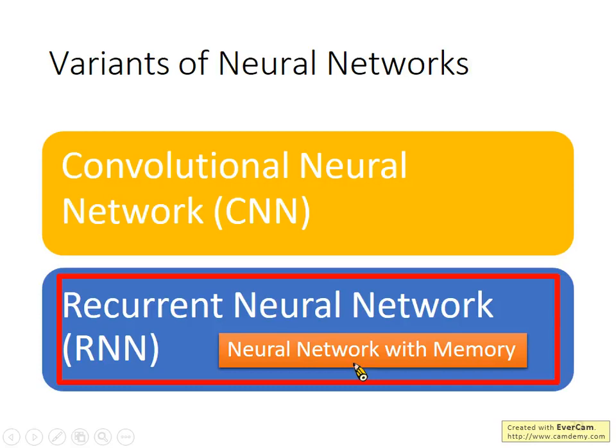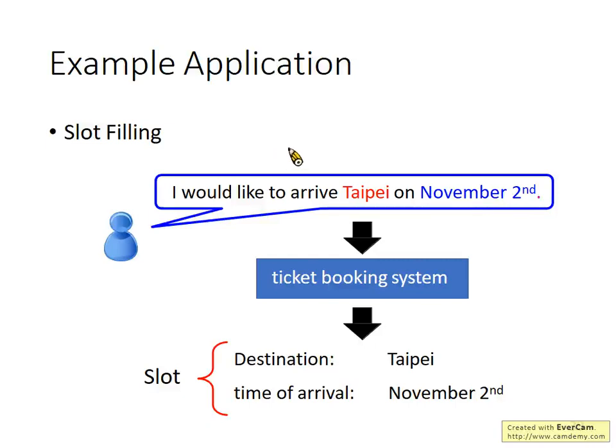So now we have finished introducing the convolutional neural network. In the next slides, we will introduce the recurrent neural network, which is also very important in recent studies. The recurrent neural network was designed to make the deep learning framework have memory, and to explain why the deep learning framework should have memory, we use an example application.